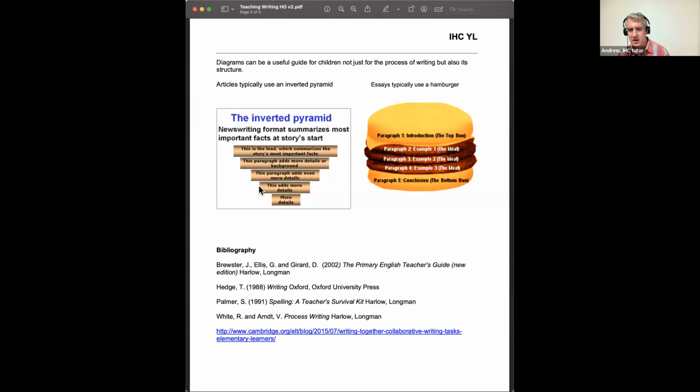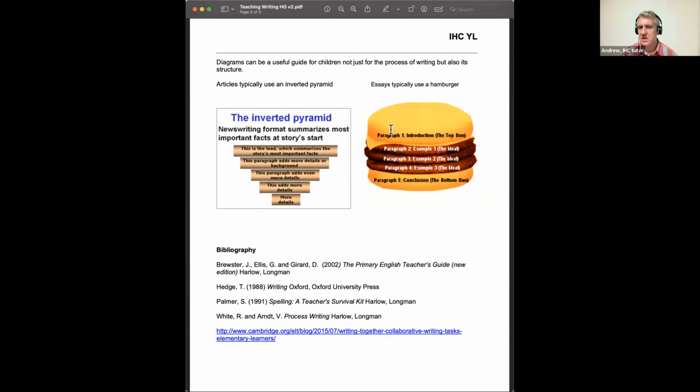There's a paragraph that adds more details or background information. More details, and more details. The purpose of the inverted pyramid is that if you have limited space to publish the news article, you can just remove parts from the bottom, the less important stuff. So that's why it's designed like that.